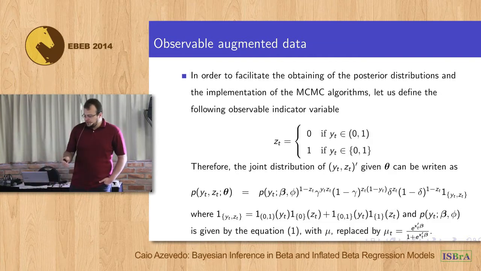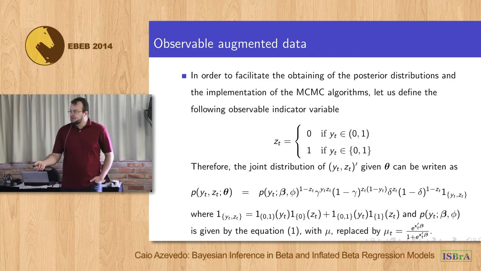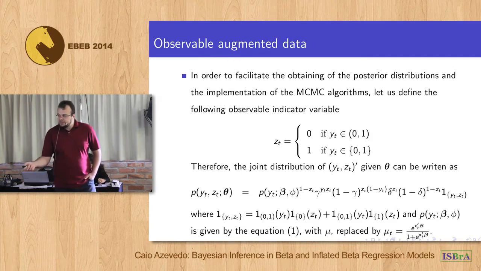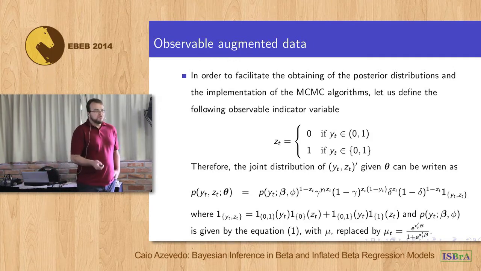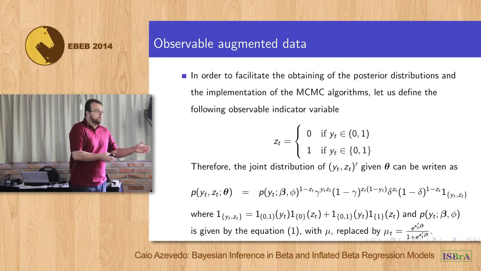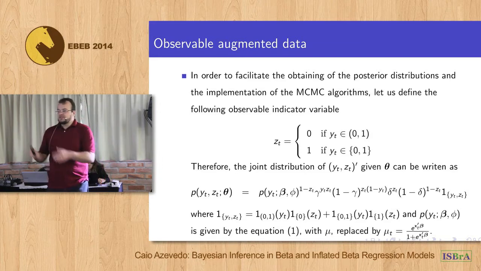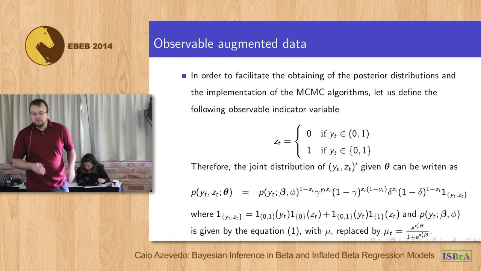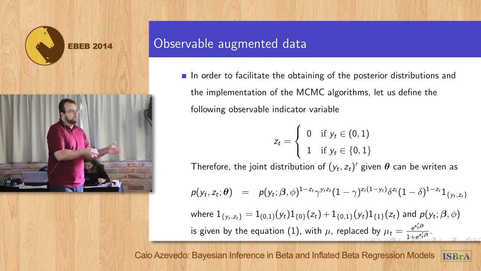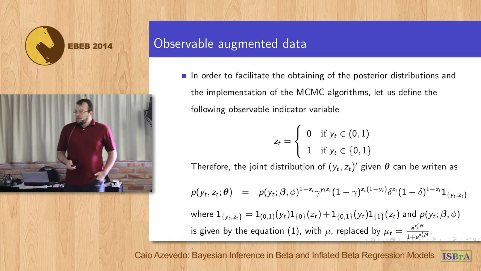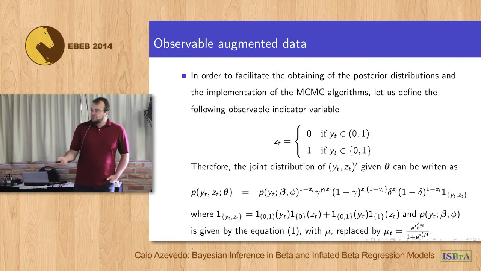And also for these two parameters, gamma and delta, I'm going to show you that we have closed form for the posterior distributions. So it's not necessary to use any kind of numerical algorithm to sample from these distributions. It's not so hard to show that.